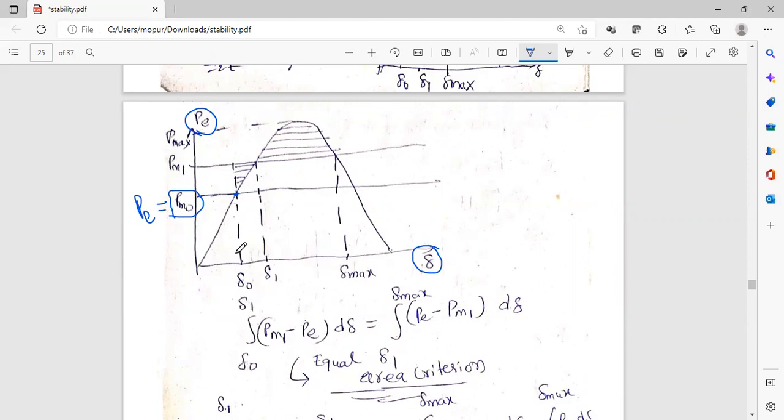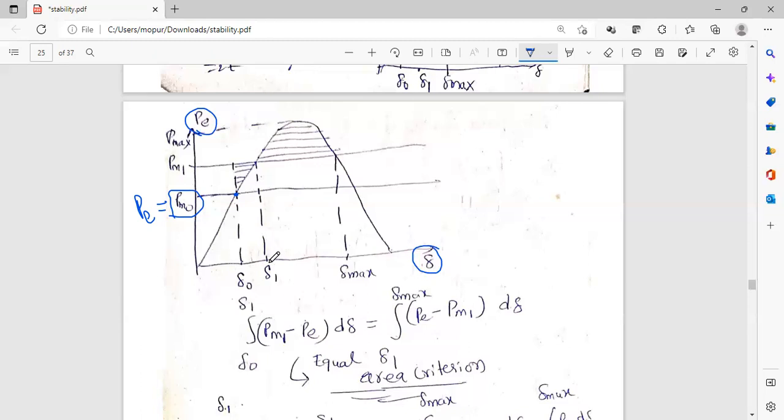Then we will suddenly consider a step increase in the input power, by a horizontal line Pm1. Since Pm1 is greater than Pm naught, the accelerating power on the rotor is positive and the power angle delta increases. See here, as Pm1 is above Pm naught, delta also increases.